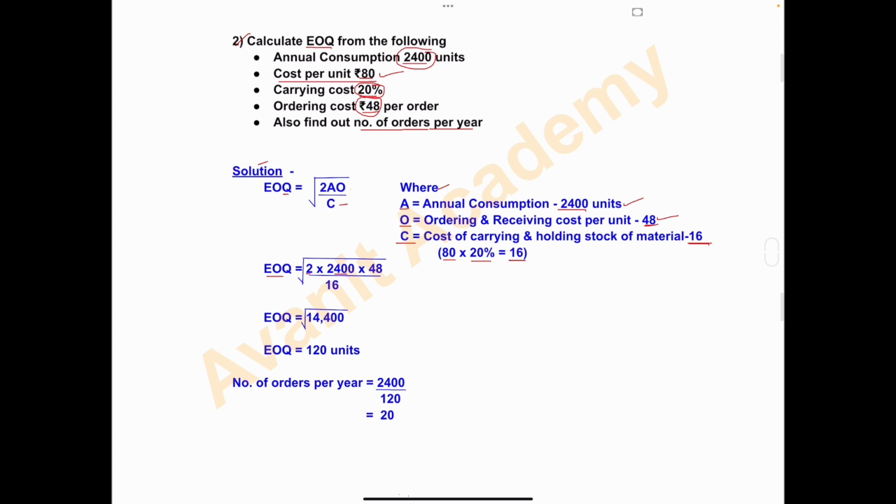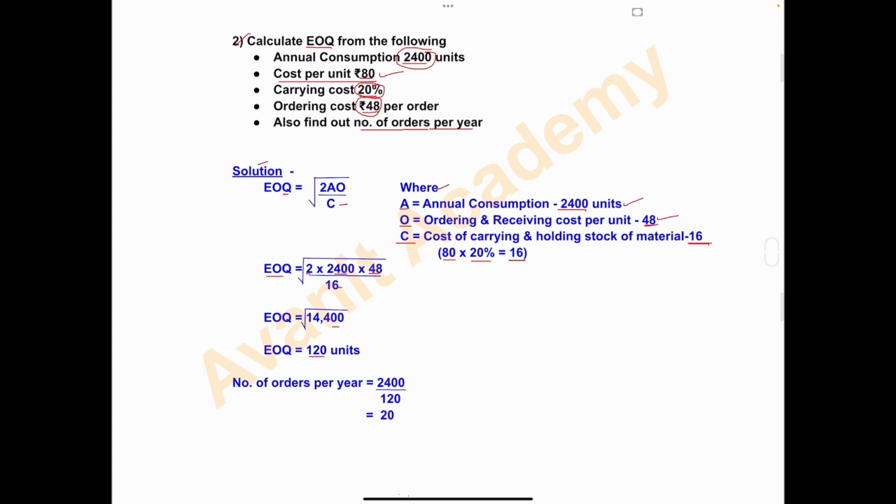O value is 48 divided by C. C value is 16. Now multiply, divide it. 2 into 2,400 into 48 divided by 16. The amount is 14,400. Root 14,400. Calculate root of this amount 14,400. The final answer is 120.